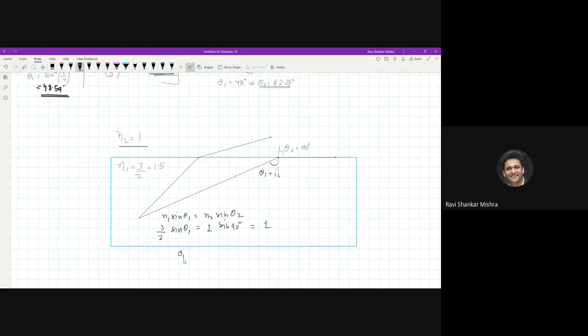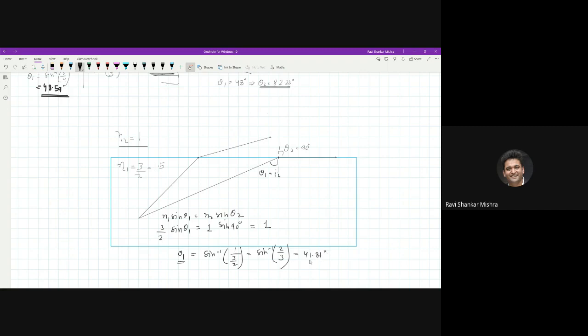I can write theta 1 is equal to sine inverse of 1 divided by 3 by 2, or sine inverse 2 by 3. We will get theta 1. Yes or no? So 41.81, yes.